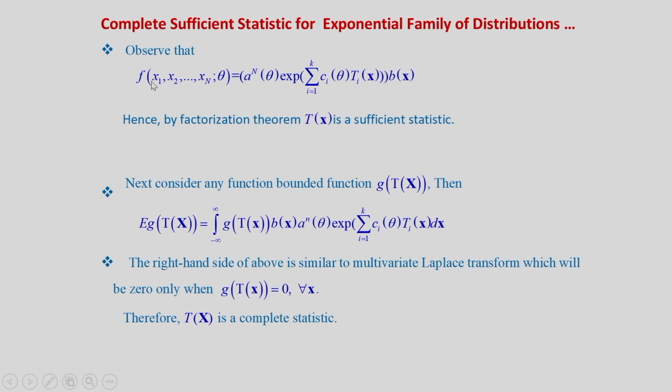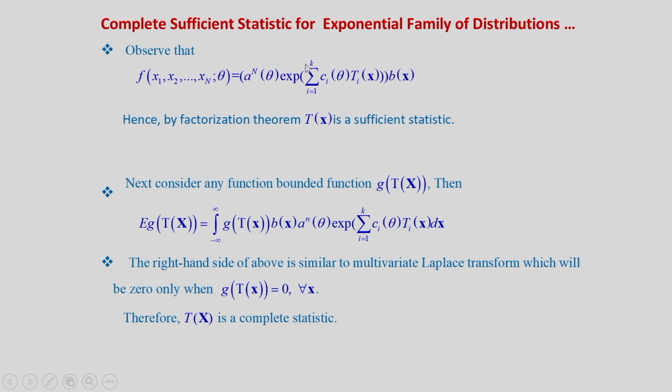Now, we observed that this joint PDF can be written like this: a to the power n theta into exponential of summation ci(theta) ti(x), i going from 1 to k. This is one factor which is a function of the ti's, that is the sufficient statistic, and theta, and into b(x) there is another term b(x) which is simply a function of x.